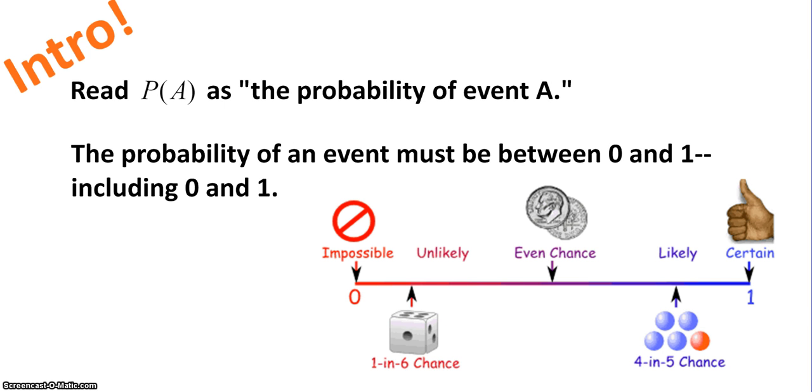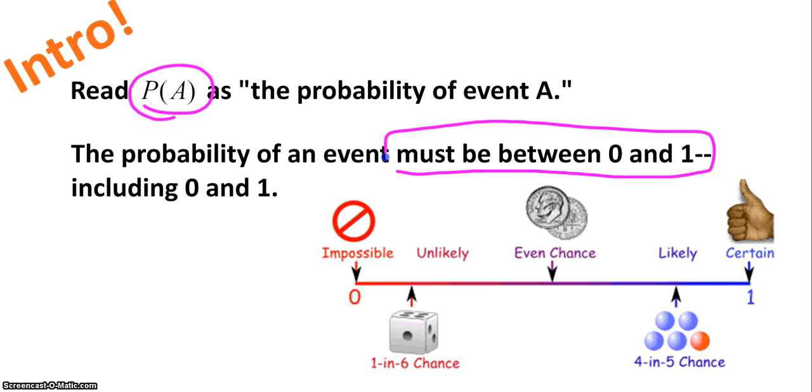Now, if you take a look here, this P parentheses A means the probability of A. So when we have functions, we talk about the function of X. Well, in probability, it's technically in the same format, but with different letters. We will say the probability of A. Now, it is important to remember probability must be between 0 and 1.